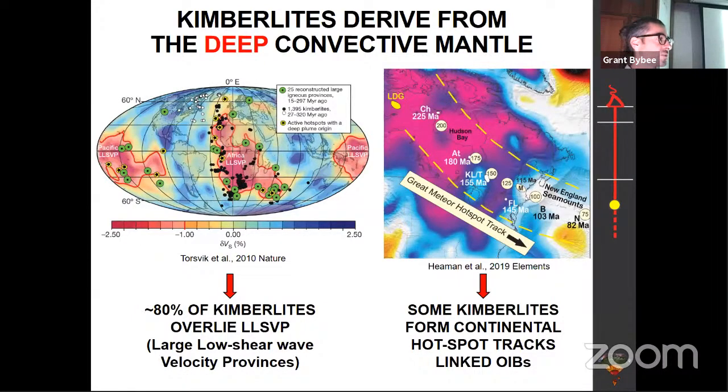These are mega structures just above the core-mantle boundary where seismic velocities are lower than the average mantle, and which are considered to be the regions of origin of mantle plumes. In other words, what Torsvik and his colleagues propose is that the majority of kimberlites, 80% for the Phanerozoic, are related to mantle plumes that are sourced just above the core-mantle boundary from these so-called LLSVPs.